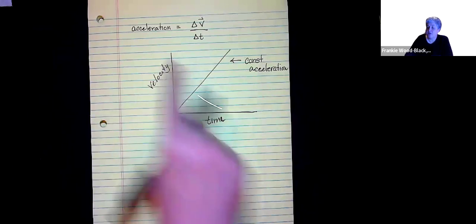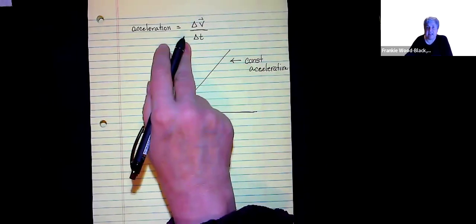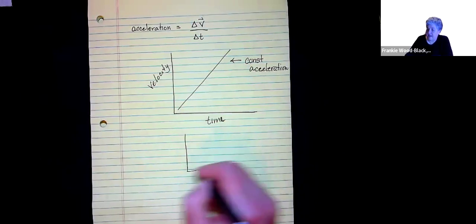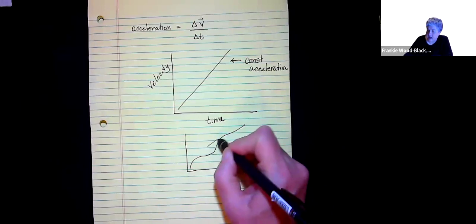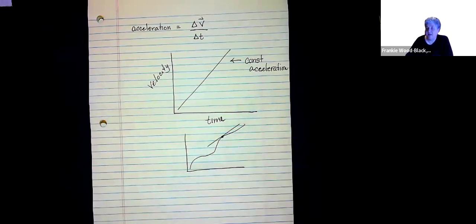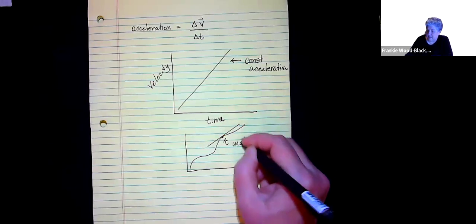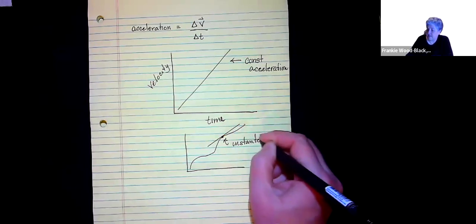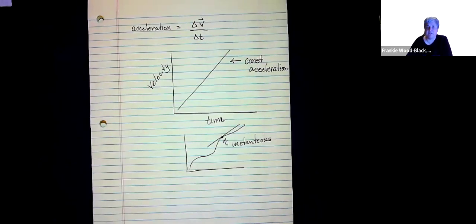I can do the same thing that I've done before and get an instantaneous one. If I had a velocity versus time plot that did something weird, I could take the slope of my line, and this would give me an instantaneous acceleration. But now I have an equation that looks like that.